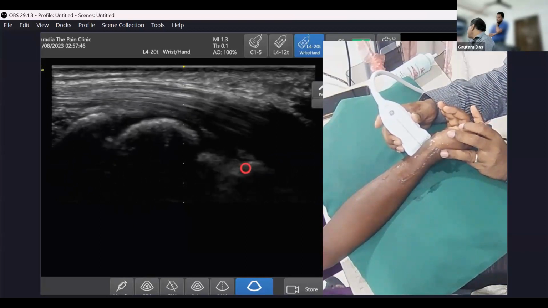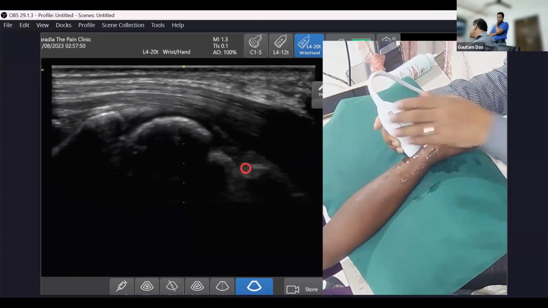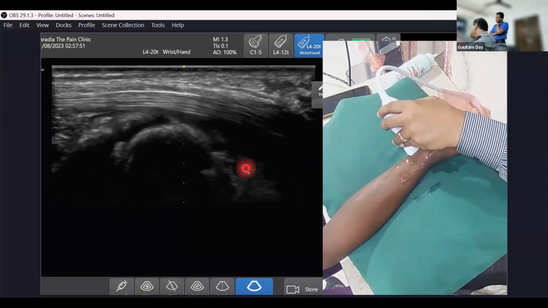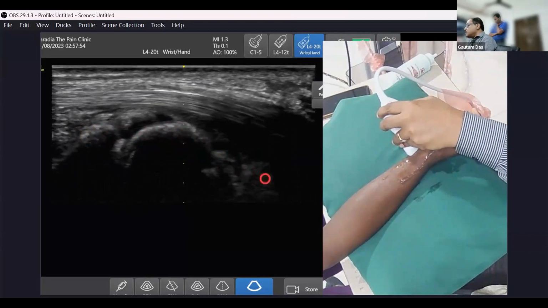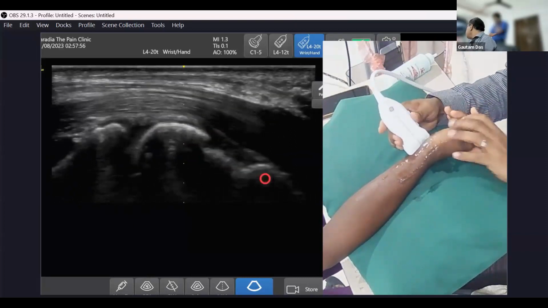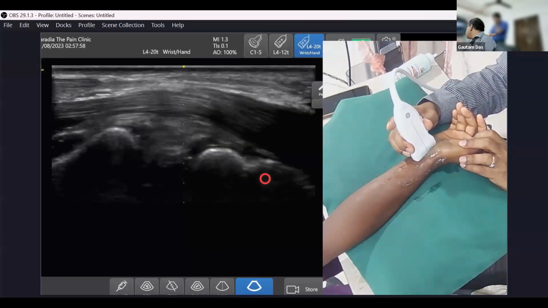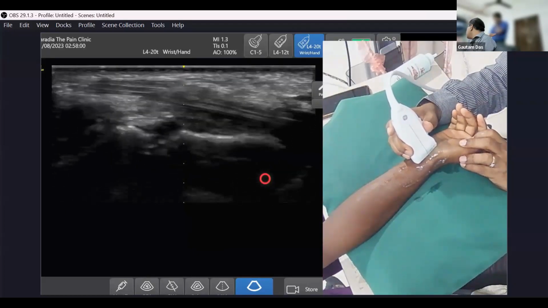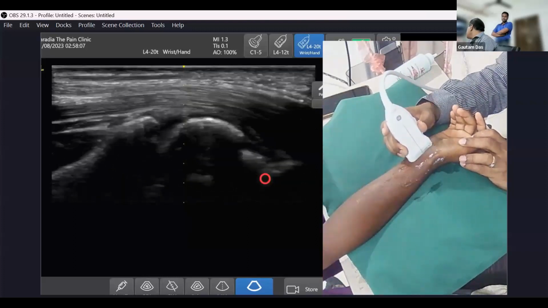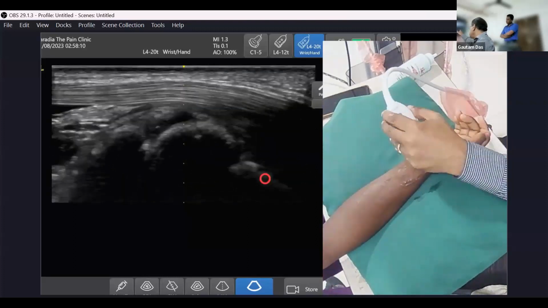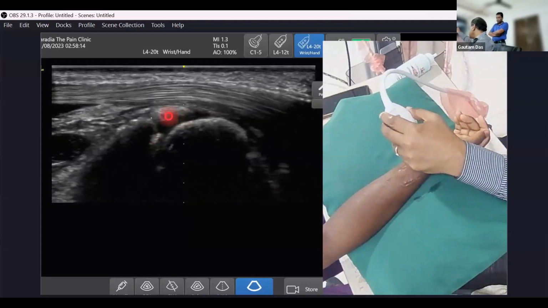Here you can see this part of the bone is the radius, lunate, and capitate. And here, as I was showing you, if I am holding the probe over the distal part of the lunate, and if I'm holding the probe straight, this ligament is your short radial lunate ligament.